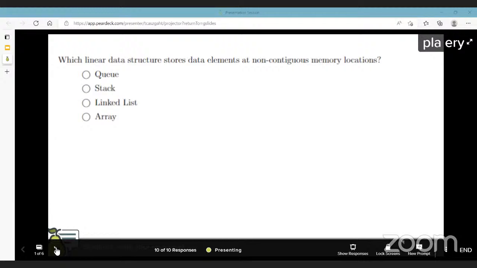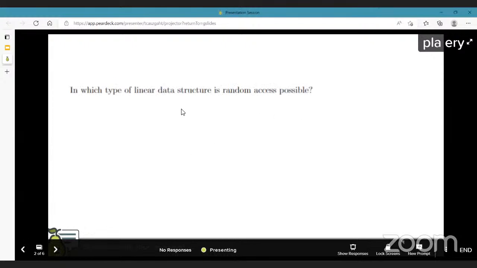Okay. So we'll move to the next question. In which type of linear data structure is random access possible? You all can go ahead and answer. We'll wait for some time.